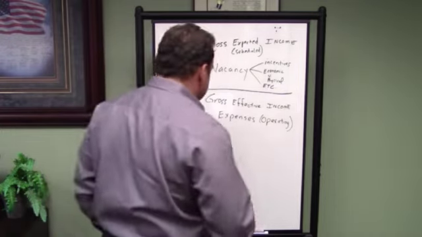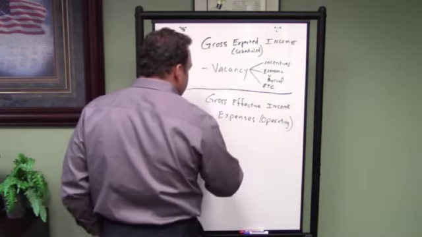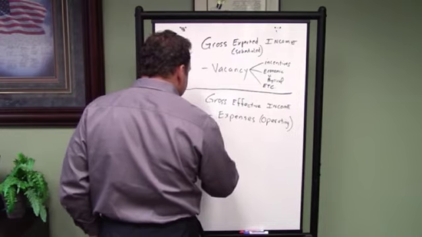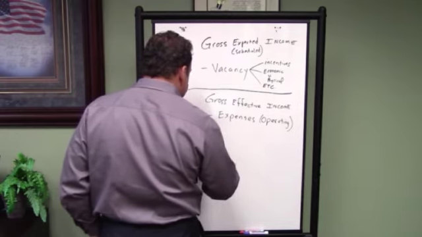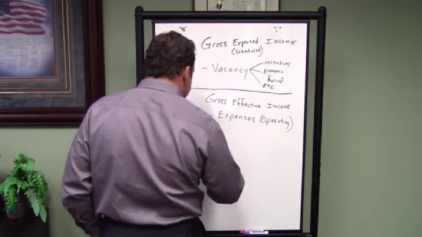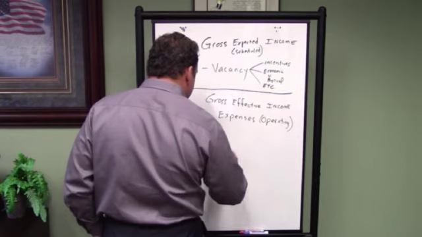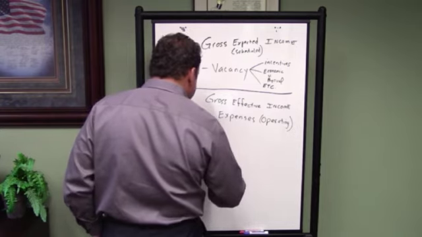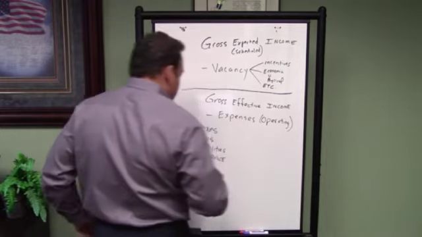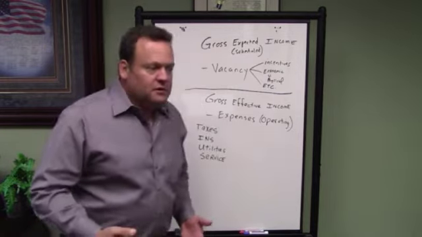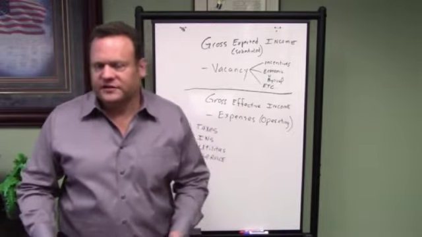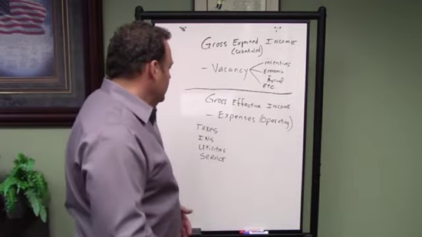And what are the obvious ones? Well, the obvious ones are going to be, let's see, taxes, insurance, utilities, services like garbage pickup, lawn maintenance, snow removal, or other services that are regularly done on the property.